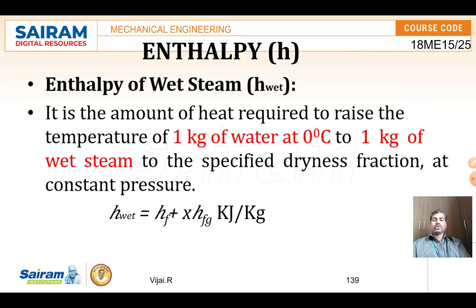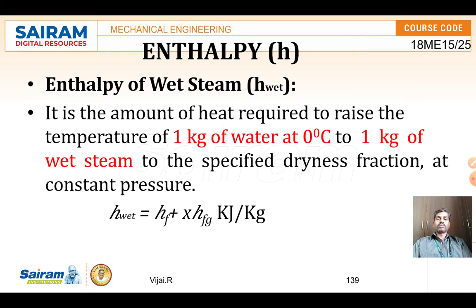If you want to identify how much heat is required to raise water from 0 degrees temperature to a particular state of wet steam, the definition is the amount of heat required to raise 1 kg of water at 0 degrees to 1 kg of steam. Whether it is dry steam or wet steam depends upon the dryness fraction.